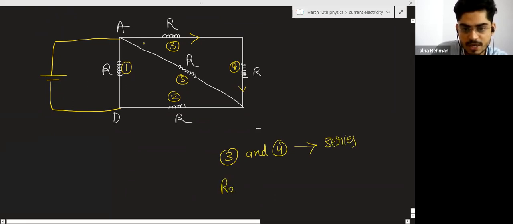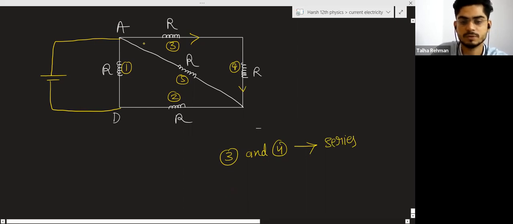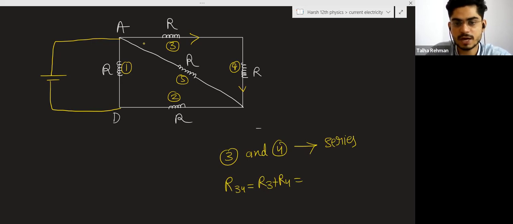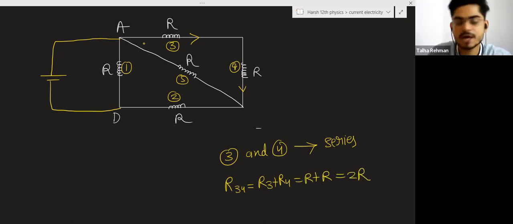So we can find R34. R34 we can find. So this will become R3 plus R4. And the value of R3 is R. And this is again R. This will become 2R.